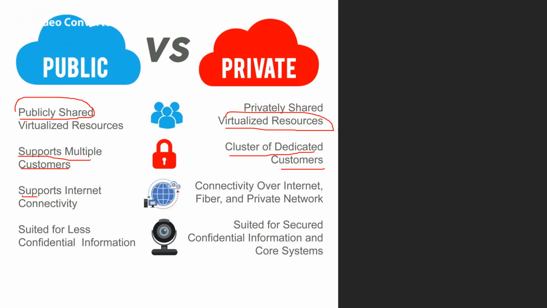Public cloud supports internet connectivity, but private cloud connectivity is over the internet, fiber and private networks. Public cloud is suitable for less confidential information, but private cloud is more suitable for secure and confidential information.